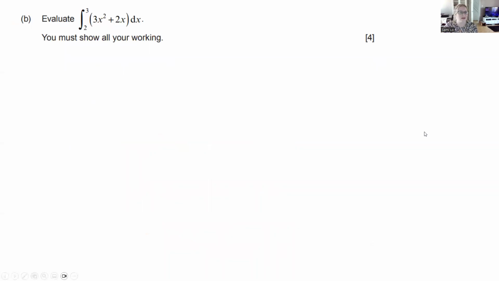Ready for part B? Part B, we still need to integrate here, okay? So we haven't got any negatives, which is lovely. So the first thing we are going to do is integrate that out.